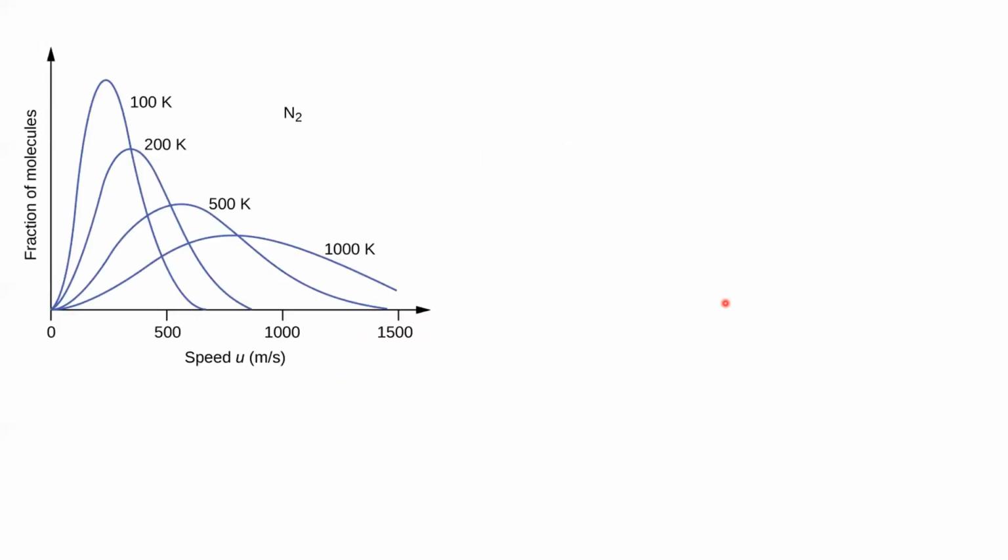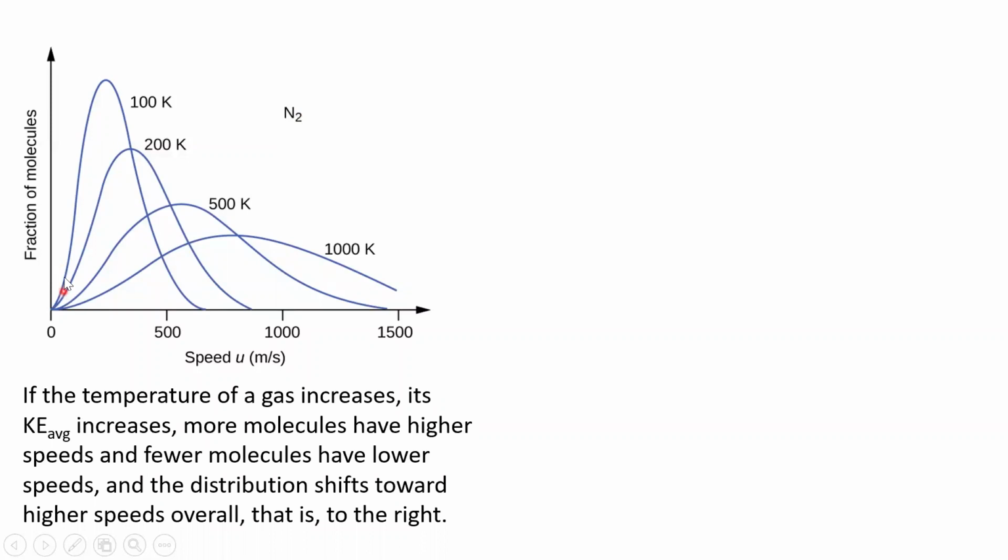So let's take a look at this. Here's another graph. We've got nitrogen gas and the fraction of molecules that have a particular speed at different temperatures. So this curve here is the distribution of the molecules of nitrogen gas at 100 Kelvin. If we increase the temperature to 200 Kelvin, the distribution changes itself just a little bit.